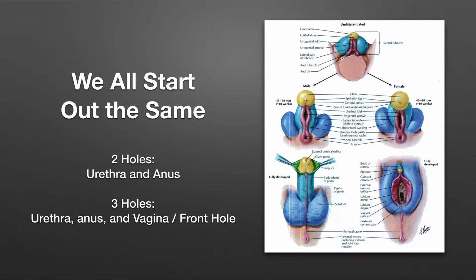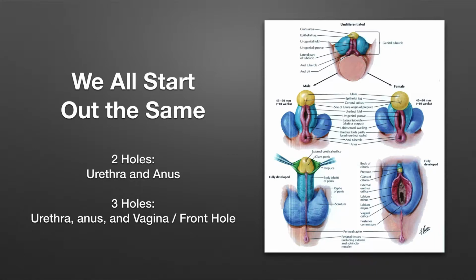And each one of those from side to side are analogous structures. The yellow represents the glans, which becomes the head of the penis or the head of the clitoris. The pink is the urogenital fold and groove, and this becomes either the raphe of the penis on the left-hand side, or it becomes the inner lips on the right-hand side on the lower picture.